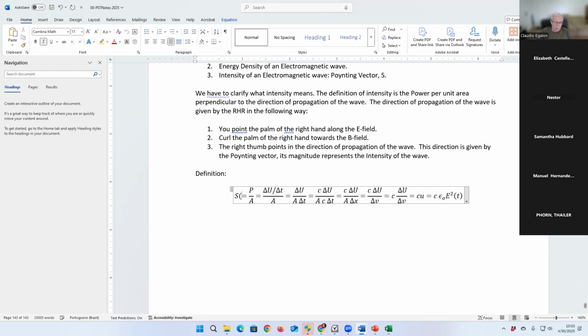But then we can get also the average, the root mean square average.